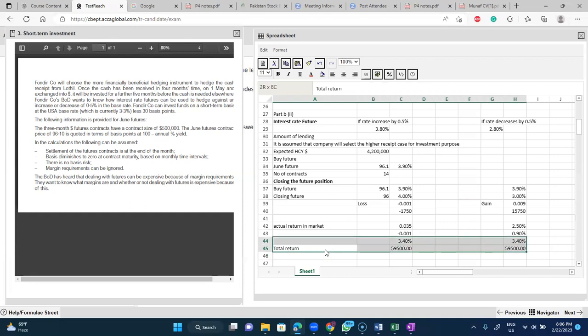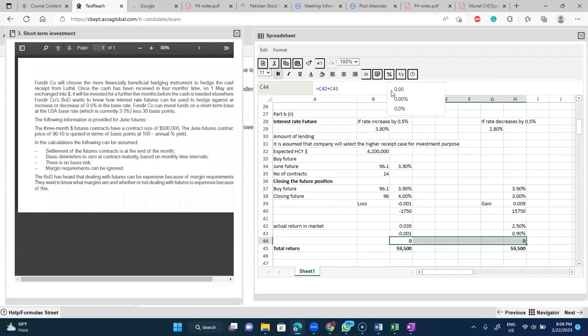So that's how you will calculate the total return, 3.4%. I think numerically it is a much easier question.